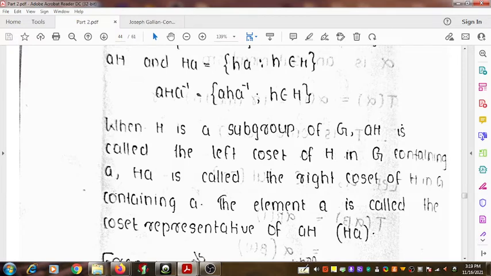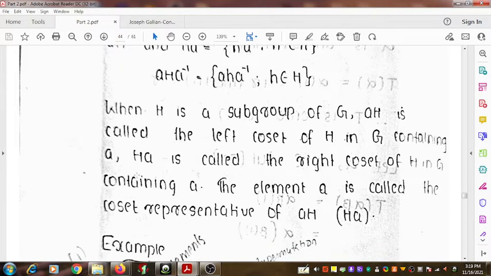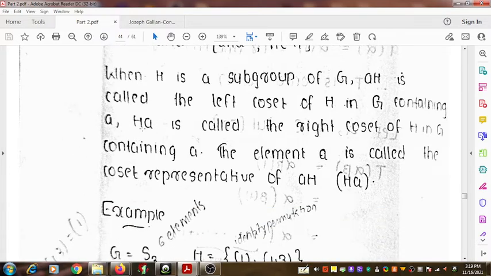When e is in H, since we multiply every element of H by a, a times e will be there, and a times e equals a. So a is also an element of aH. Then Ha can also be defined, and when H is a subgroup it is called the right coset.